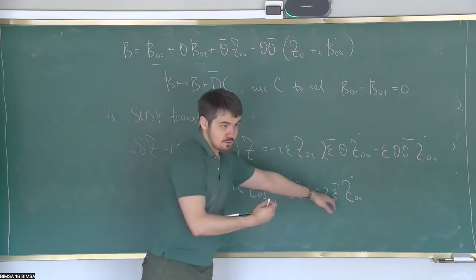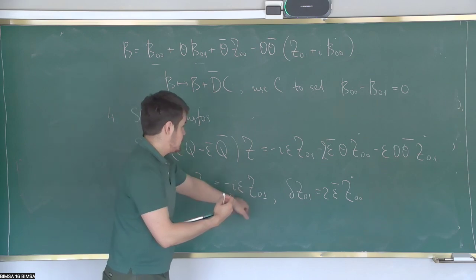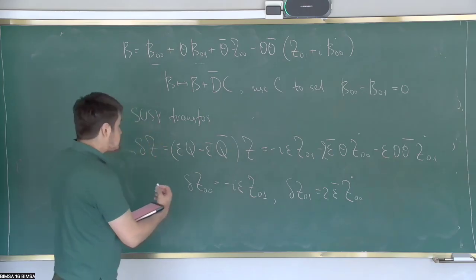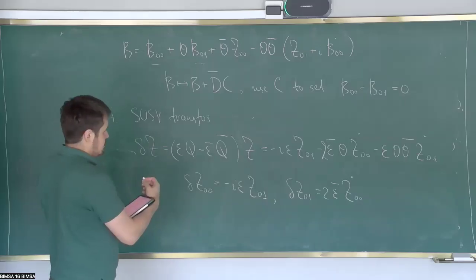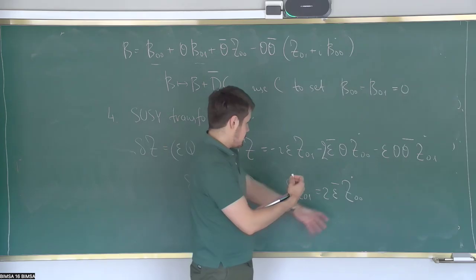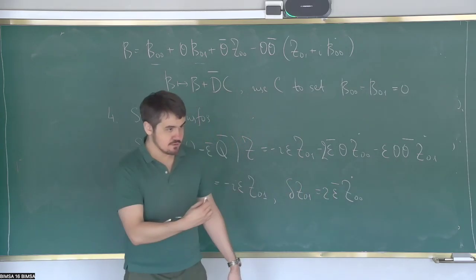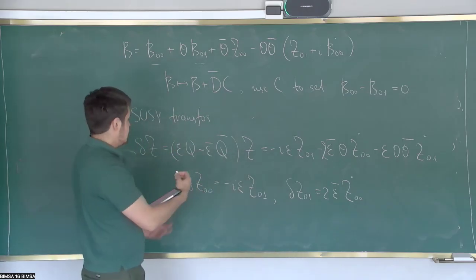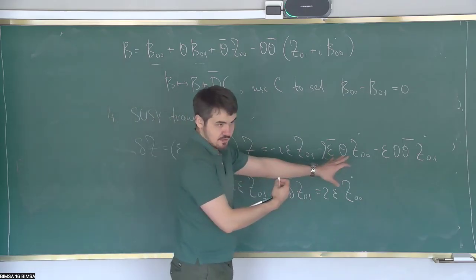Same for epsilon bar, but together they close so that the transformation gives the derivative of the original. So these are the supersymmetry transformations, and the important thing to notice is that again, just like in the case of N=1 superfields, the top non-trivial component is shifted by a derivative. Here, by top we mean the one that's not a derivative itself. So these chiral fields have this property that the top component is a derivative itself.